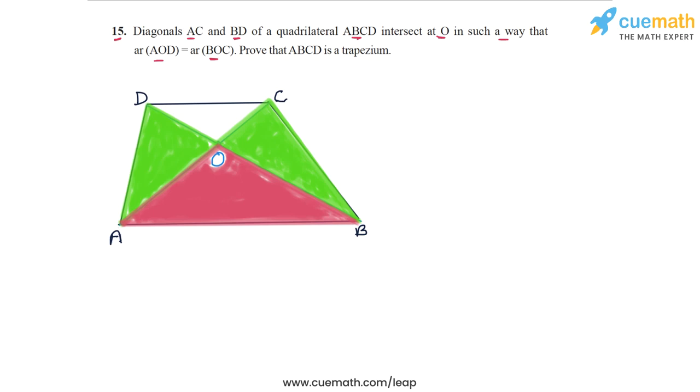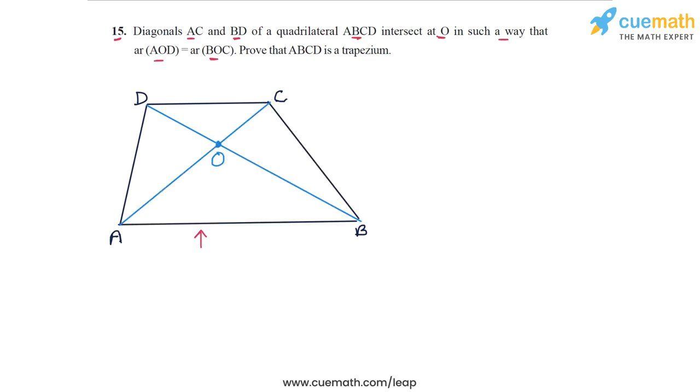So if we add the area of AOB to AOD, we get ABD, and if we add AOB to BOC, then we get triangle ABC. So clearly triangles ABD and ABC will have the same area. They are also on the same base, so they must be between the same parallels as well, and this will prove that CD is parallel to AB. So let's write out the proof now.